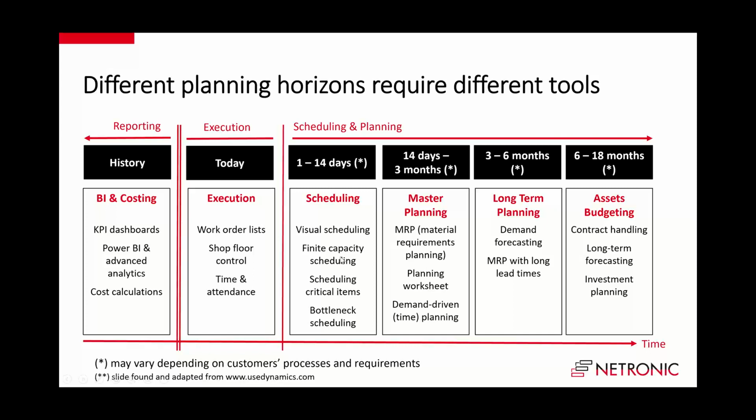I want to schedule with finite capacity and I want to sequence my production orders. I want to make the decision which production order to produce when, on which machine, with which priority. I want to get my arms around my bottlenecks. I want to manage them. I want to schedule critical items. So really down to earth operational scheduling against finite capacity, production order sequencing.